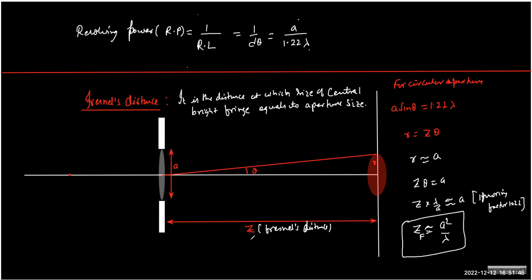Now, why is this distance important? It is for the validity of ray optics. The validity of ray optics holds only up to the Fresnel distance.